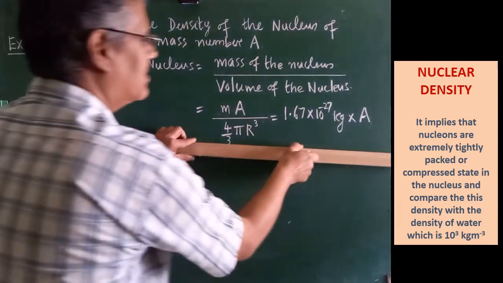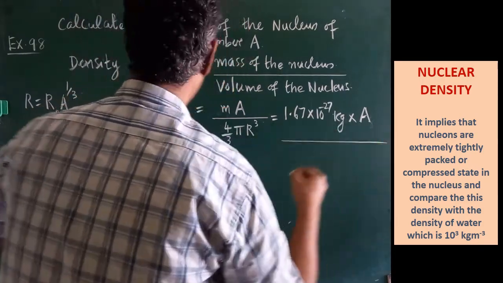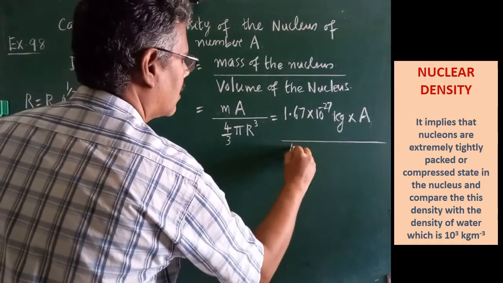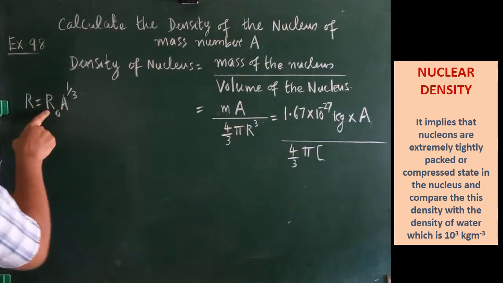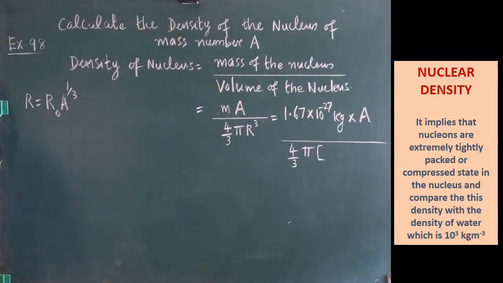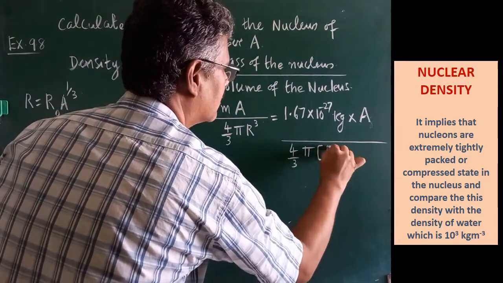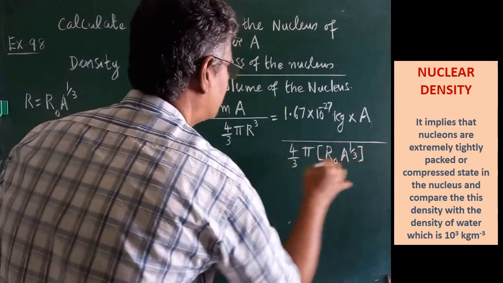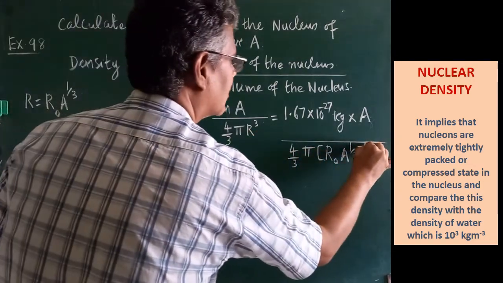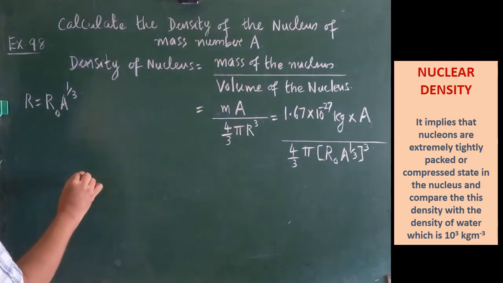In the denominator, we write 4/3 pi, and instead of R, substitute R naught A power of 1 by 3, the whole cubed. Now I am going to expand it.